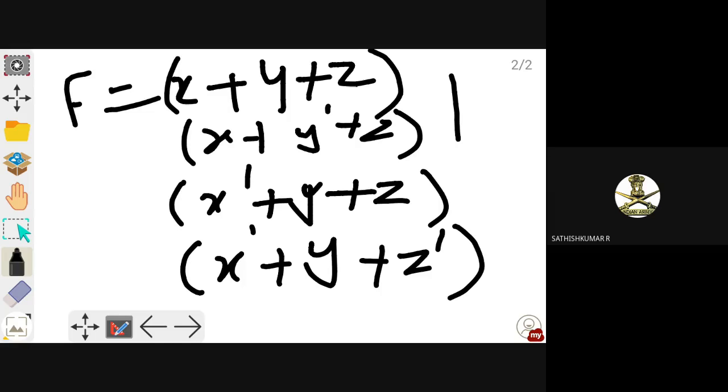So this is the expression in terms of product of Maxterms. So is it clear how to write any Boolean function in terms of sum of minterms and product of Maxterms?